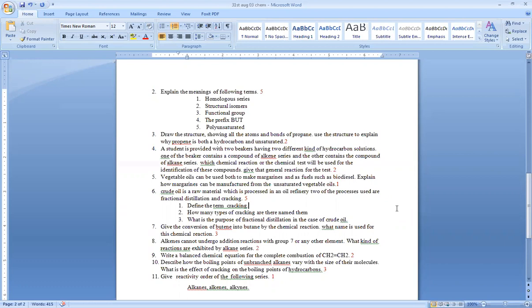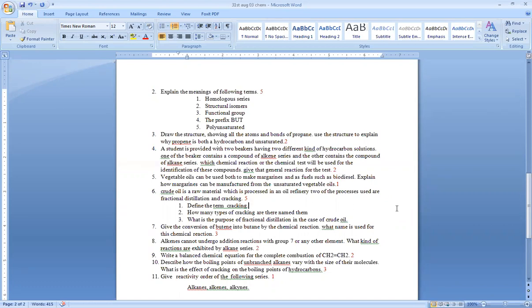You all know that crude oil is not in a state that can be used so easily. So we have to perform the cracking phenomenon, and after the cracking it is converted into short chain alkanes and alkenes.